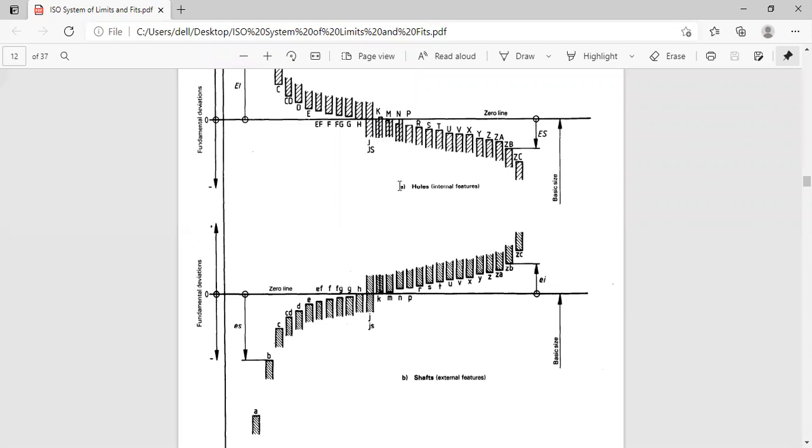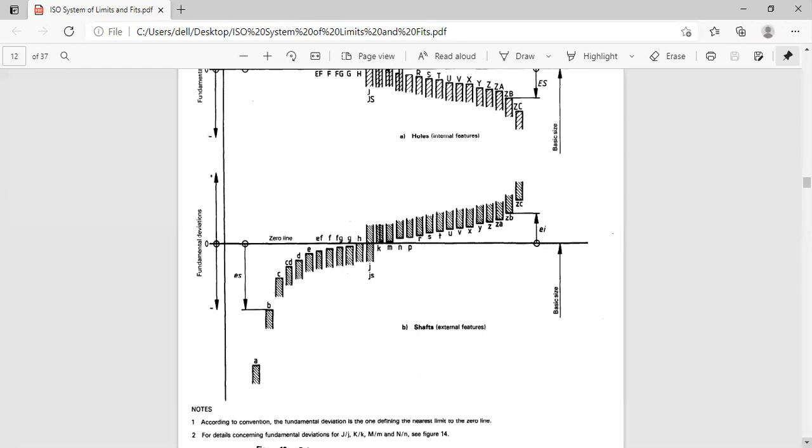If you try to take the drafter and draw this graphical representation, you can simultaneously draw based on your fundamental knowledge. If I know where my alphabet is for the hole and shaft, you can easily draw by projections and represent the graphical representation of the fundamental deviation for the holes and shafts.